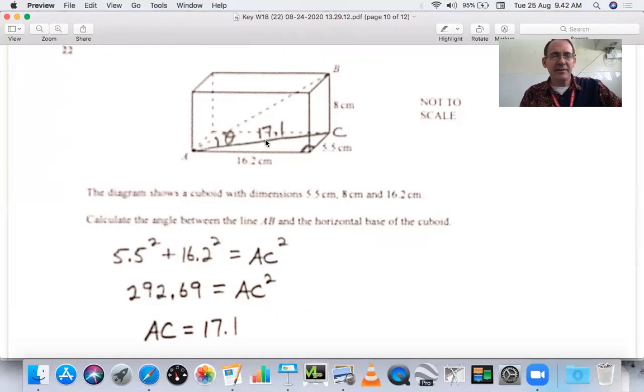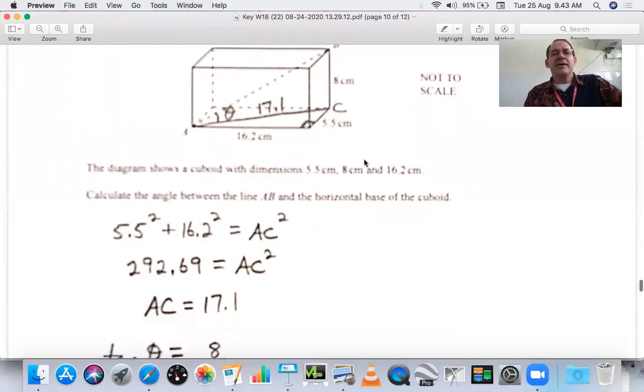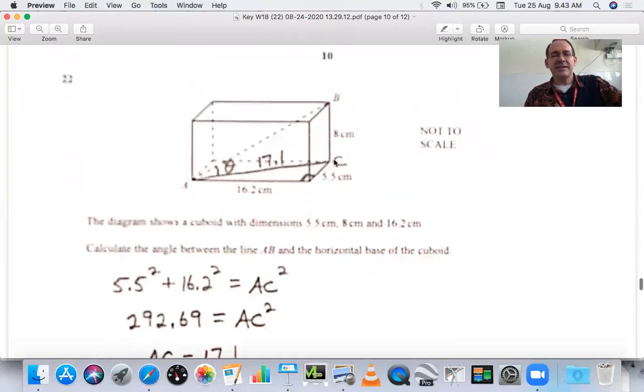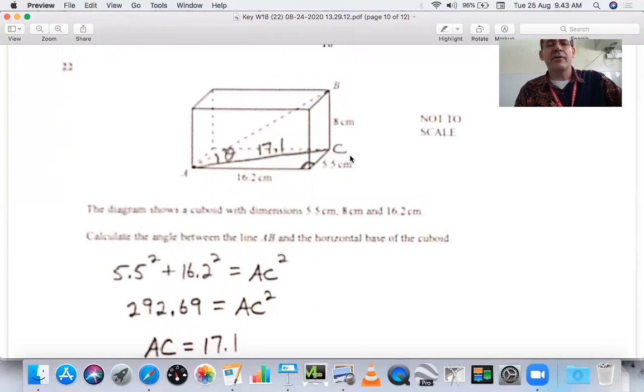So we need to find this diagonal. Remember, the base is a cuboid, so this is 90 degrees here. So we can use the Pythagorean theorem to find this AC. That actually didn't give us C, so I put in C. We already have AB, so I just labeled it C, or just gave it a different point there.